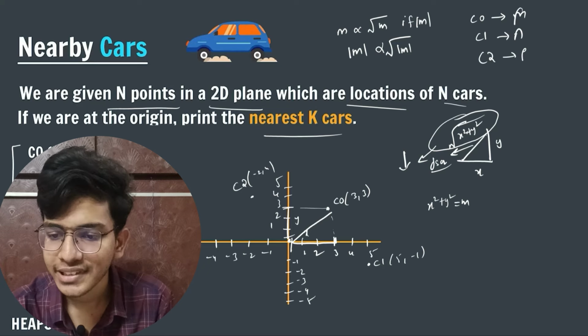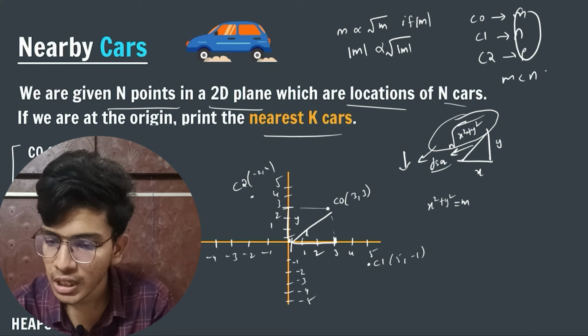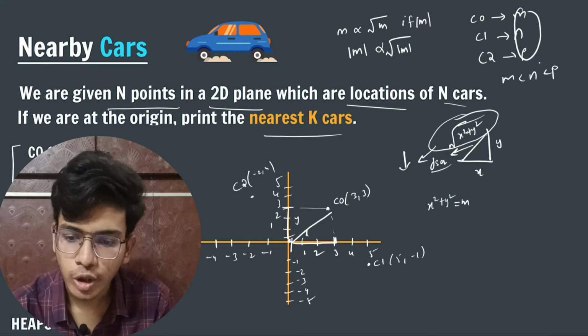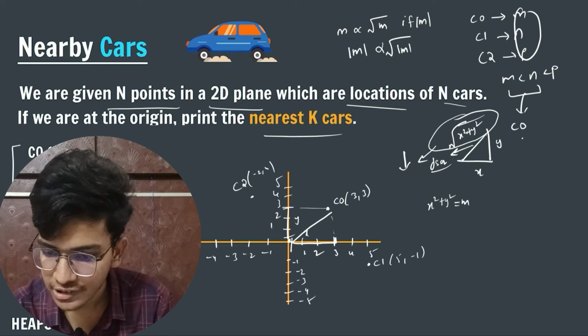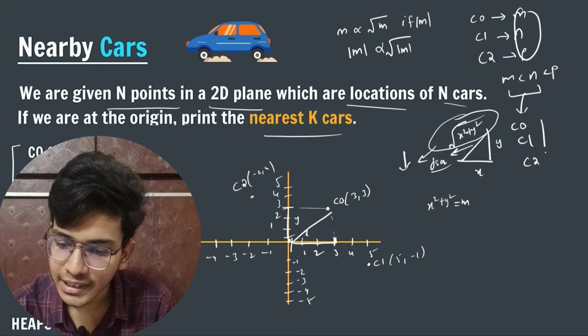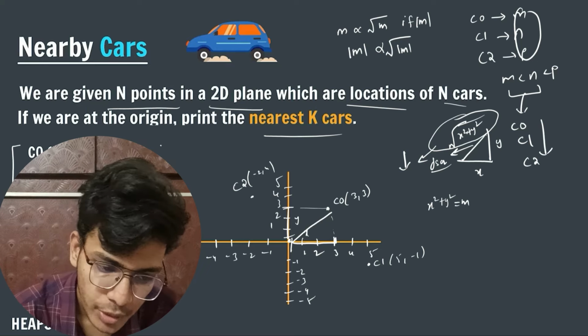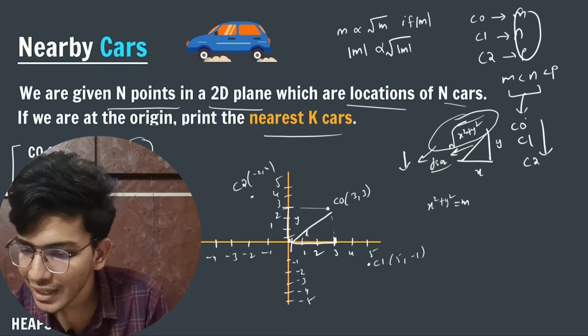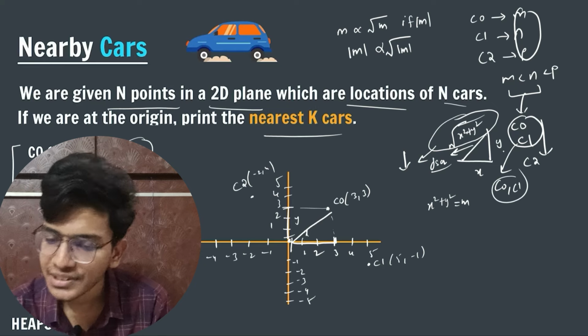Now among these three distances, let's say m is the least, after that n is the second one, after that t is the third one. So my nearest points will become C0, C1, C2. Like this, in this order I will take my nearest points, and the user has asked me for only 2 points, so I will take the nearest 2 points, that are C0 and C1. Like this I will calculate.